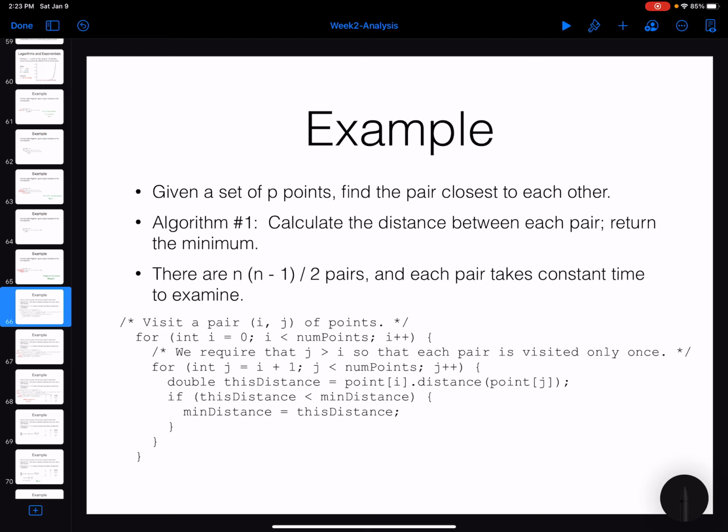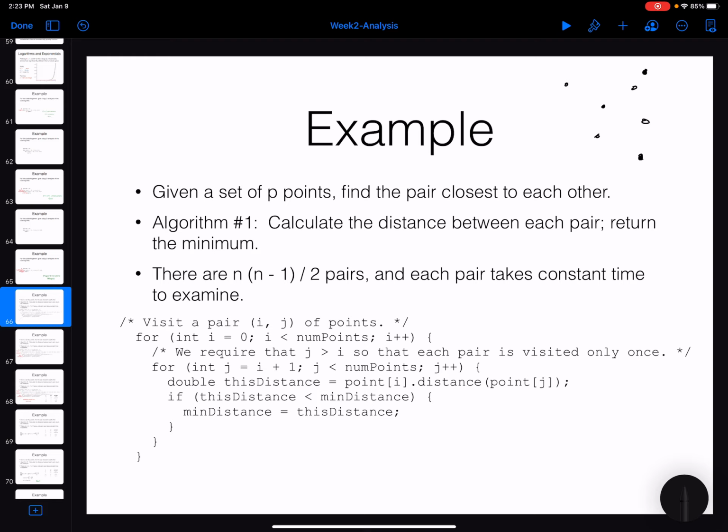You have some points in a 2-dimensional space, and you want to find the closest pair. How are you going to find the closest pair? There are different algorithms to do this, but I'm just going to discuss the simplest algorithm. The simplest algorithm that might come to mind is that you find the distance between all of the pairs and just find the one which has the minimum distance, right?